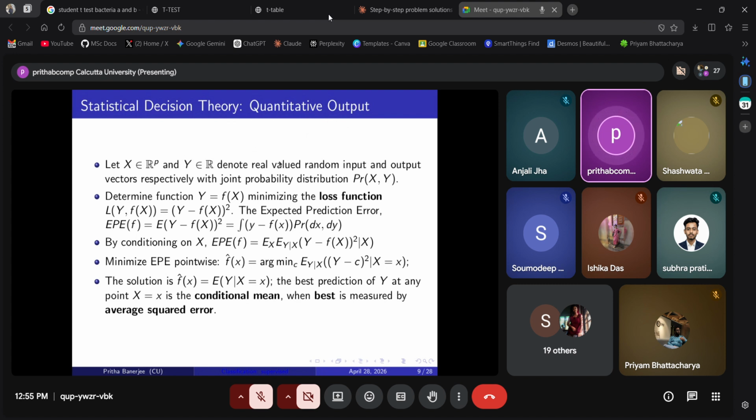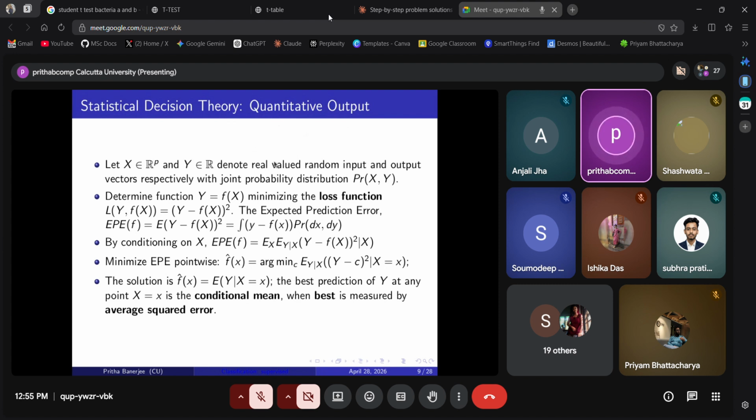For quantitative output, we have seen with lots of examples that when we are predicting some y, it is actually the mean of different y for the same x. If you have used different data sets for modeling in order to get different equations of linear regression, we were talking about expectation on the y.